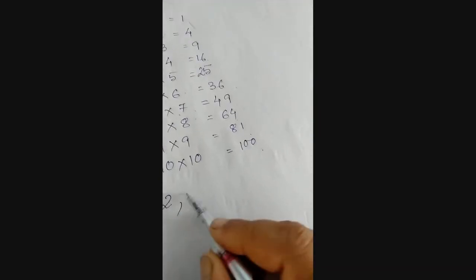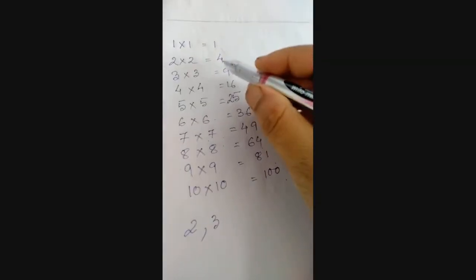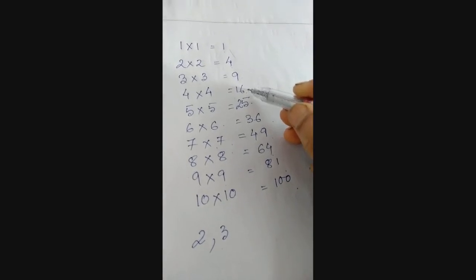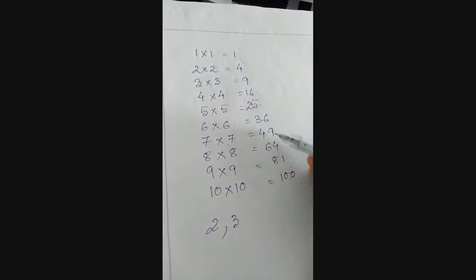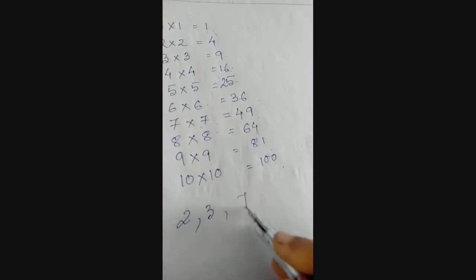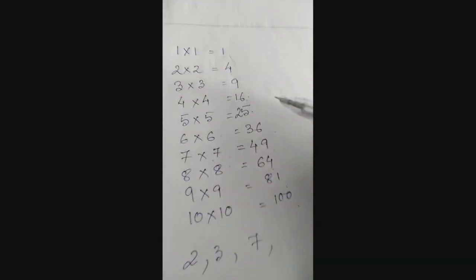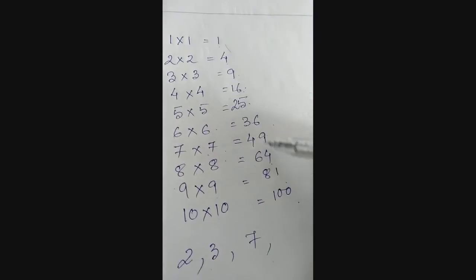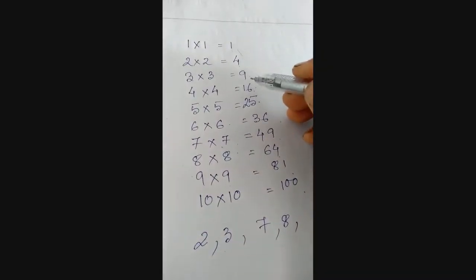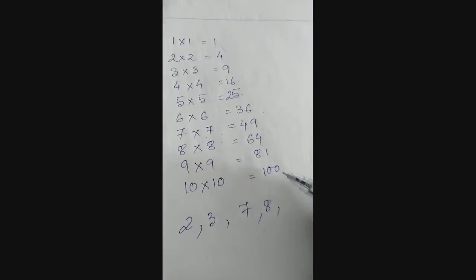No. So let us write 3. 4 is there. 5 is there. 6 is there. 7 is there? No. So let us write 7. Then 8 is also not there. 9 is there. 10, that means 0, it is there.